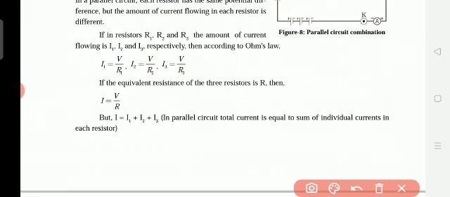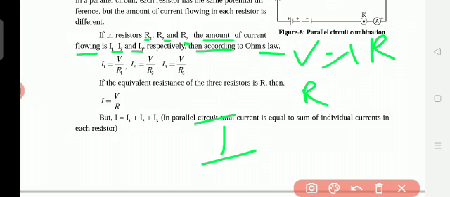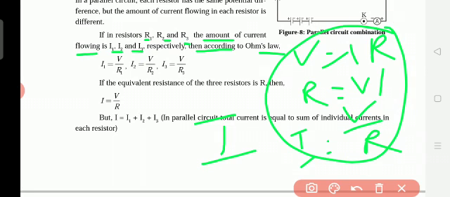If in resistors R1, R2, R3 the amounts of current flowing are I1, I2, I3 respectively, then according to Ohm's law, which we can write in many ways: V is equal to IR, or R is equal to V by I, or I is equal to V by R. Ohm's law is very important, and after that, the parallel combination and series combination are important in this lesson.